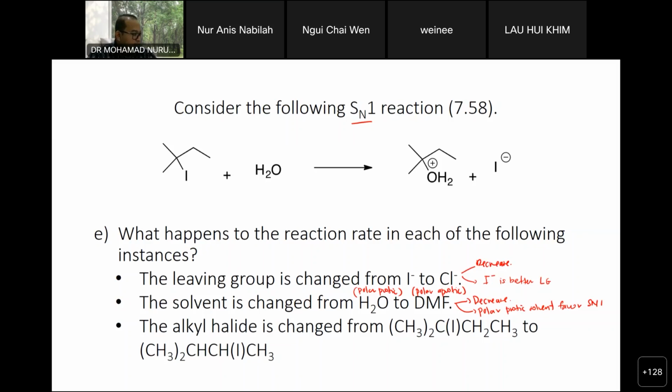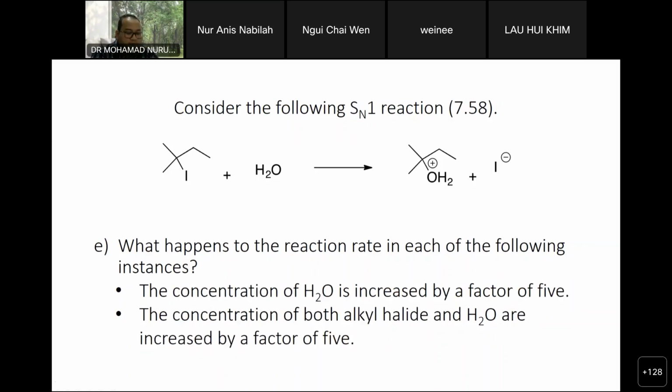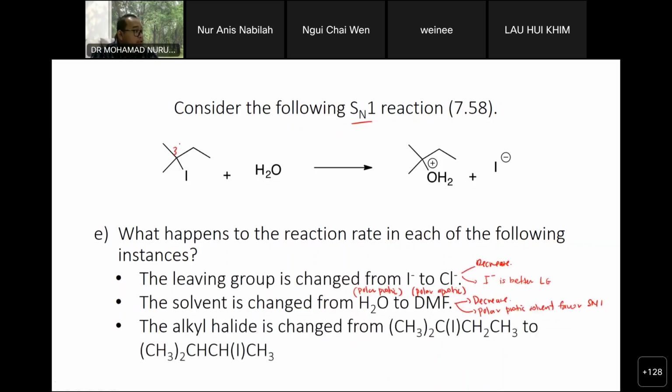The third one: if we change the alkyl halide, this one is a tertiary alkyl halide, and we change it to a secondary alkyl halide, what is the rate of reaction? The rate of reaction will decrease because the secondary carbocation is less stable.